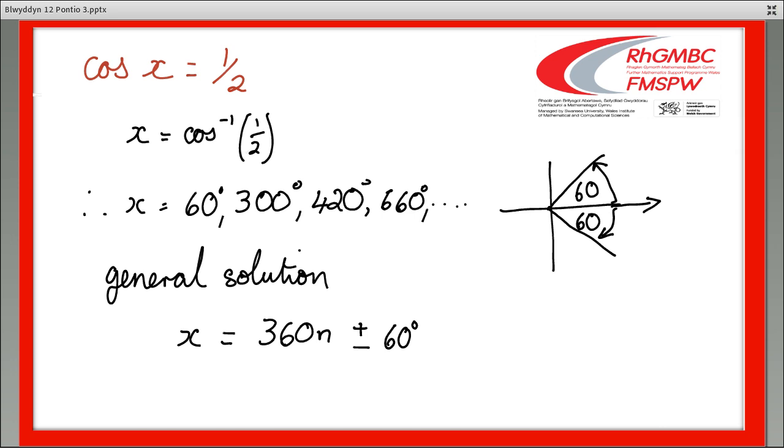So when n is 0, it's 360 times 0 plus 60. When n is 1, it's 360 minus 60 is 300, and then 360 plus 60 is 420. Then you do n is 2. So apart from the first one, we plus and minus 60 from every subsequent one, because we don't really want to start at minus 60 degrees. So that's the value of cosine.